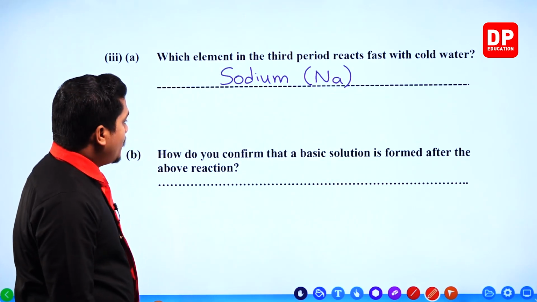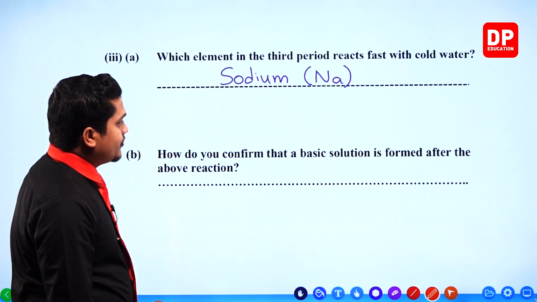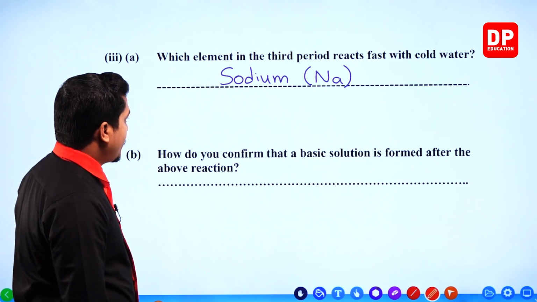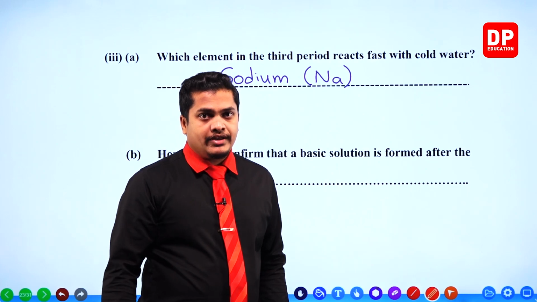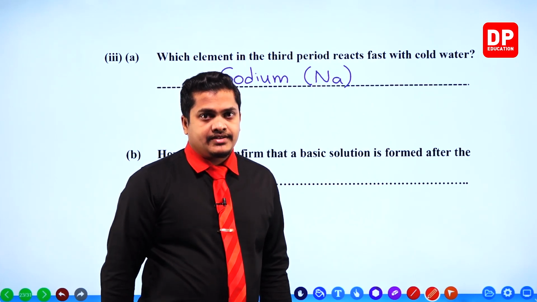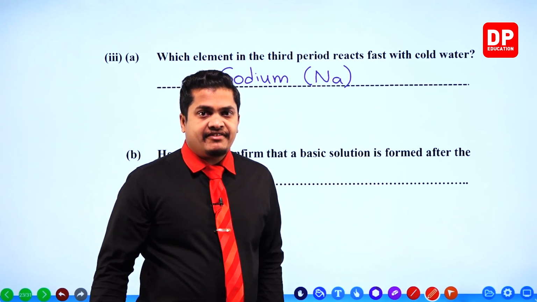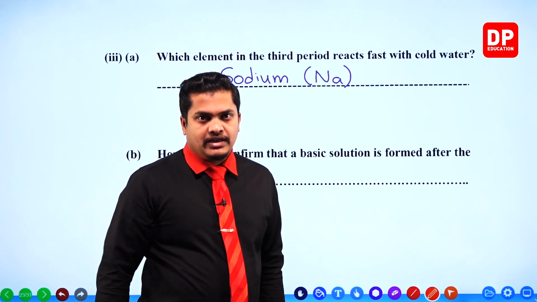Next one. How do you confirm that a basic solution is formed after the above reaction? Sodium is going to react with cold water to produce sodium hydroxide. It's a good base. To identify that, we can add phenolphthalein, right?